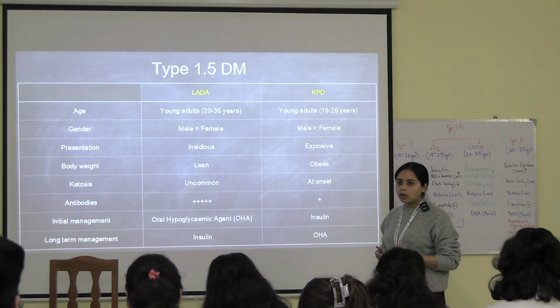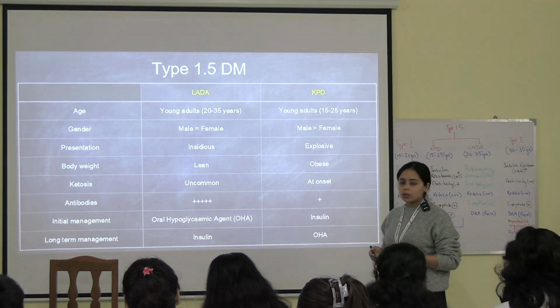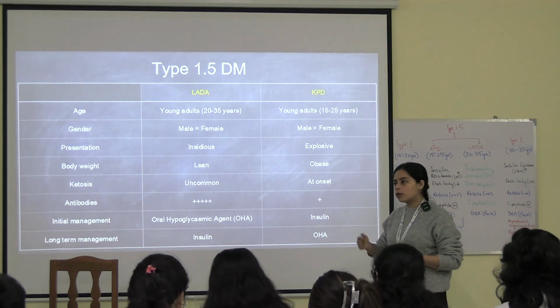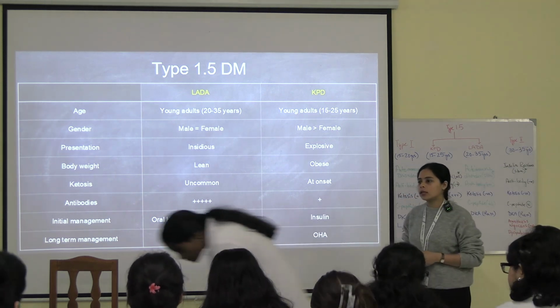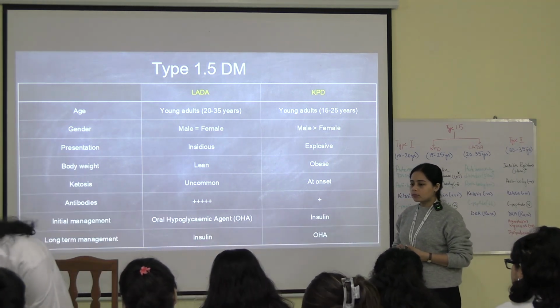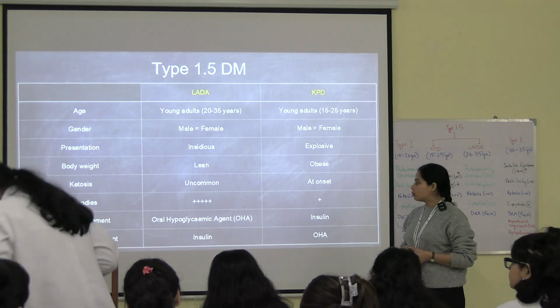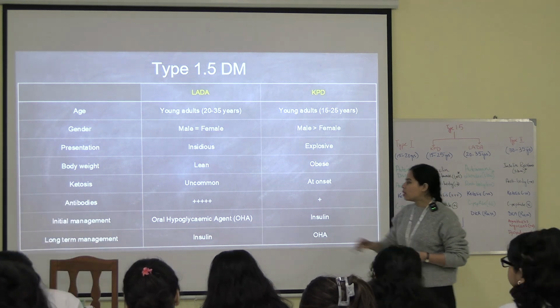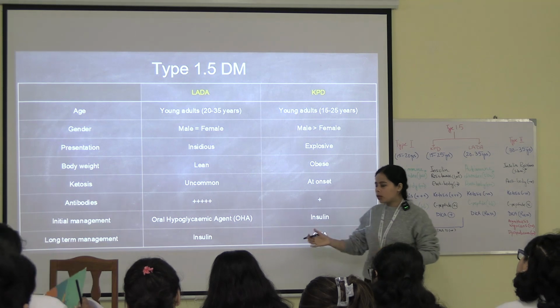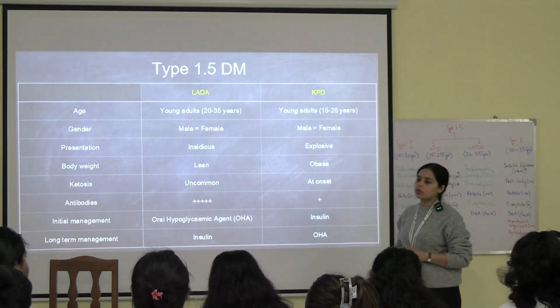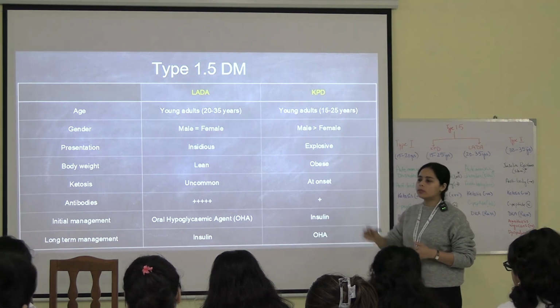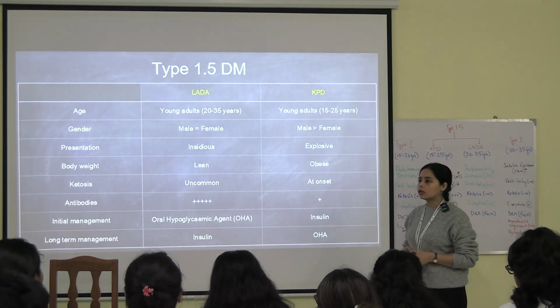If it is not managed by OHA, then we start insulin at a lower dose. If not, then we start with a higher dose. So all of a sudden nothing is given. In LADA, the patient gets managed with OHA initially, and in the long term insulin is given ultimately.